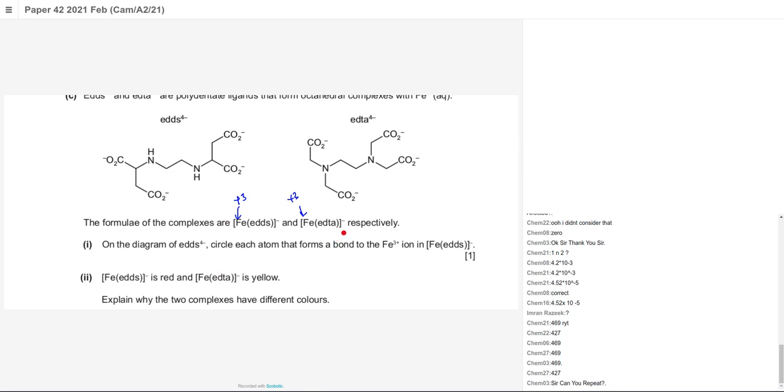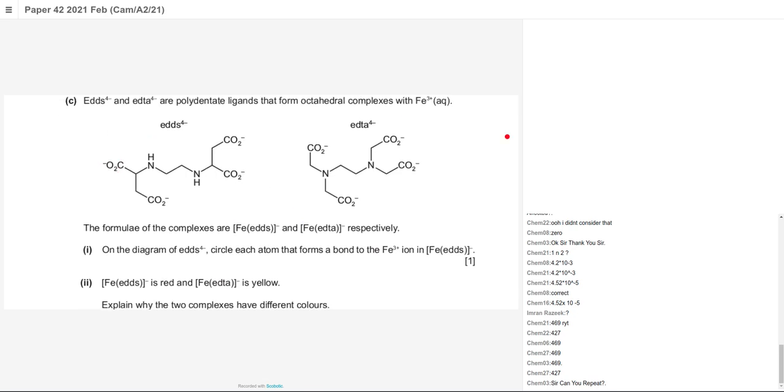On the diagram of EDDS 4-, circle each atom that forms a bond with Fe3+. This is a hexadentate ligand, meaning a polydentate ligand. It says circle each atom that forms a bond. Atom, not the group.